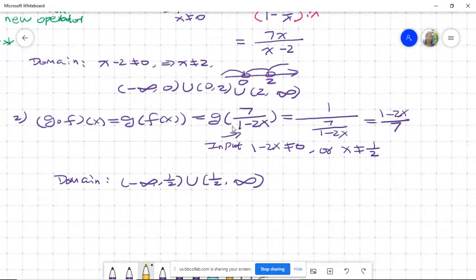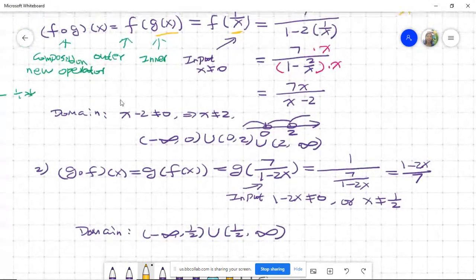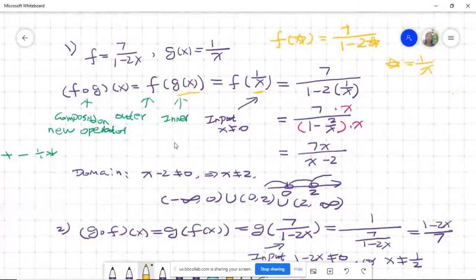Again, we're going to look at the input domain here. The denominator cannot be 0, so 1 minus 2x cannot be 0. You solve for x. x cannot be 1/2 in here, right? And then we're going to solve this one right here. So where's g? G is 1 over x.